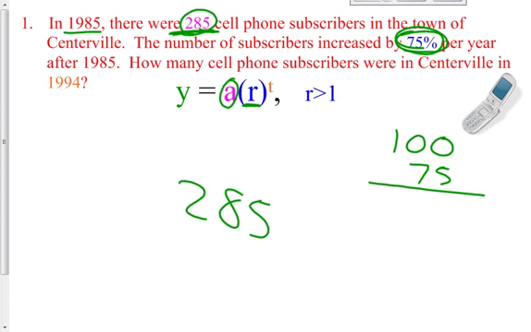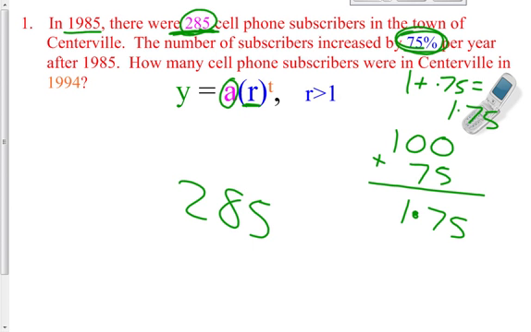What is my R value? You add these two to get 1.75. So to always remember this, class, whenever you need to get the rate of increase, you add it to 100%, or you add 1. What is 1 plus 0.75? It is 1.75.